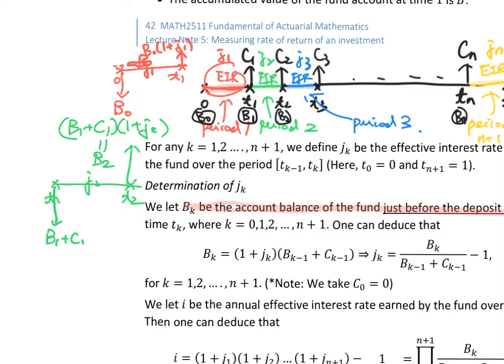Again, you can use this equation and solve for J2 immediately. This is how you get J2.